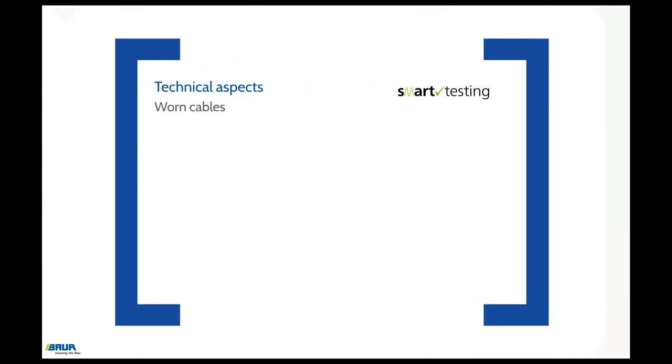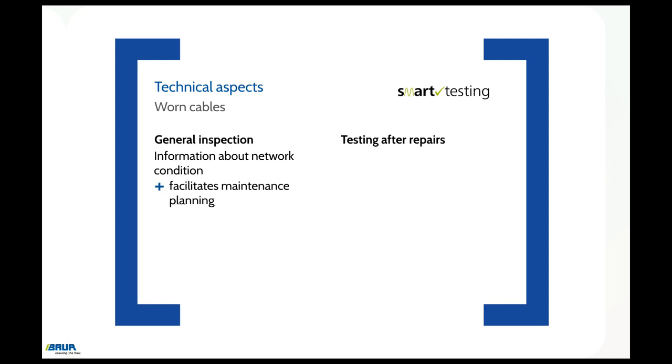During cable testing on worn cables, a distinction is made between a general condition evaluation of critical cables and the inspection of cables after repairs. The general inspection supplies information about the condition of the network status, which facilitates maintenance planning. Testing after repairs has 2 purposes.